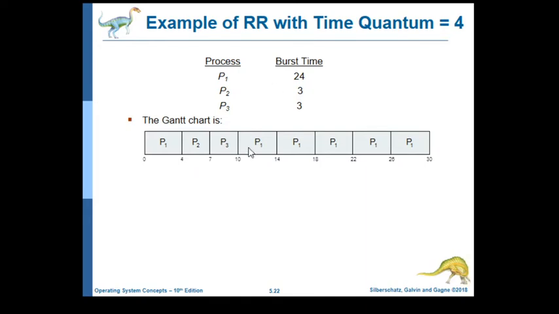Then we continue with the next process in the ready queue, which is P3. Likewise, P3 also releases the CPU voluntarily. Since P1 still has remaining execution time, each process will continue until the end. So the average waiting time for this example is 17 divided by 3, which is equal to 5.66 milliseconds.